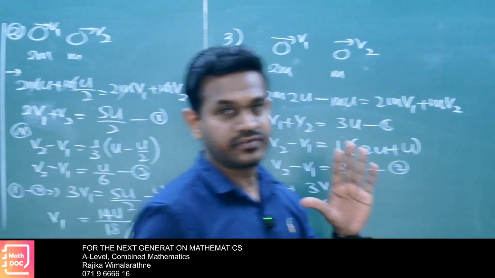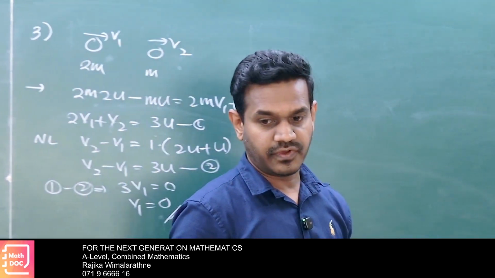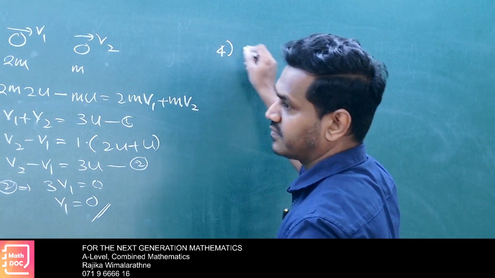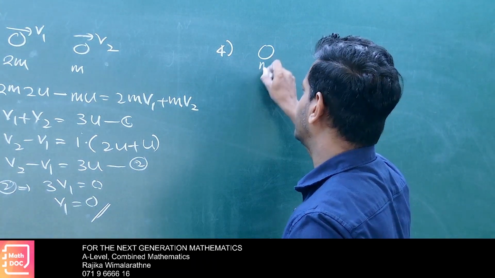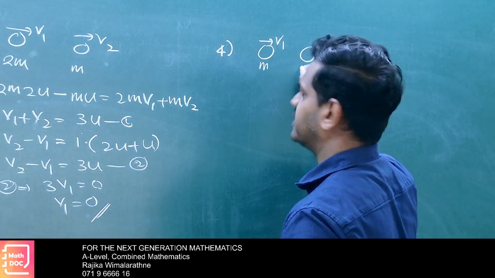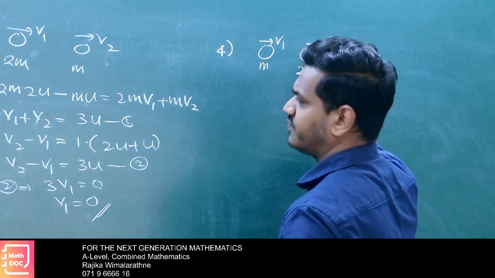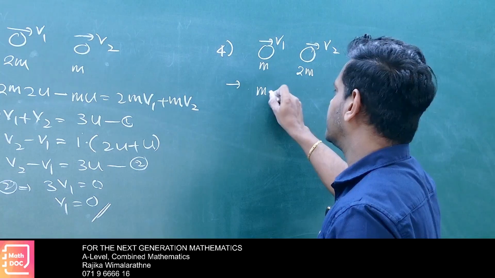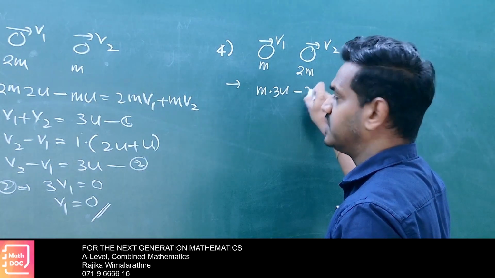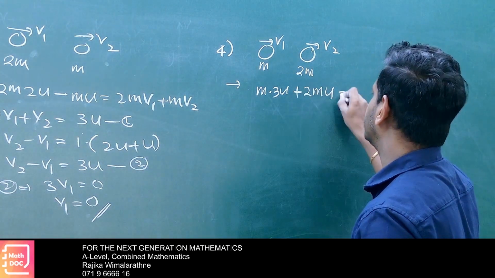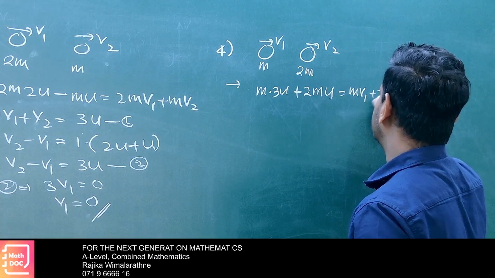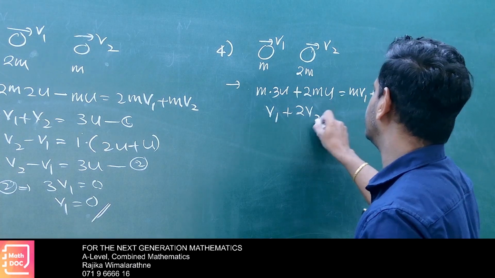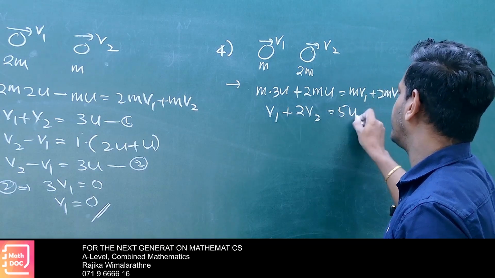Okay, then last one, fourth one. Then mark velocities. Here m, v1, 2m, v2. Then conservation of momentum: m times 3u, 2m times u, m·v1, 2m·v2, so v1 plus 2v2 equals 5u.